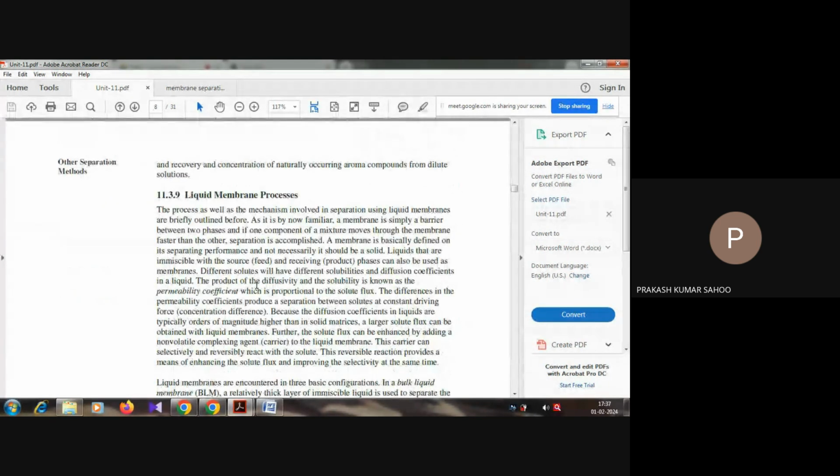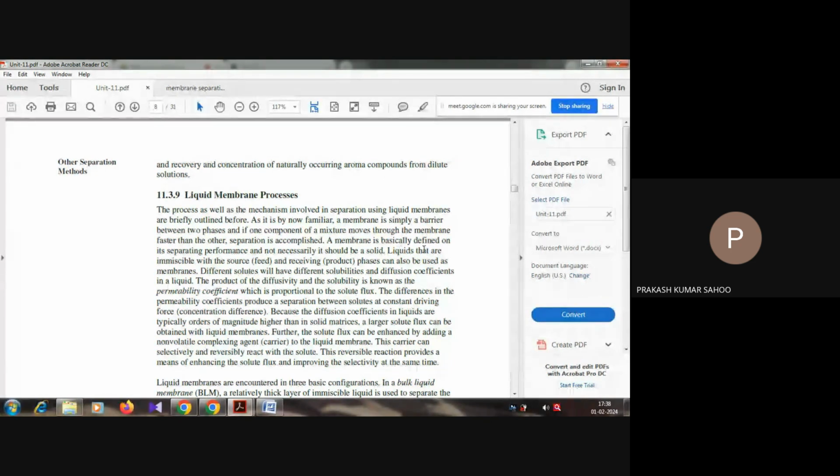Then we have liquid membrane processes. The process as well as the mechanism involved in separation using a liquid membrane are briefly outlined. As is by now familiar, a membrane is simply a barrier between two phases. If one component of the mixture moves through the membrane faster than the other, separation is accomplished.